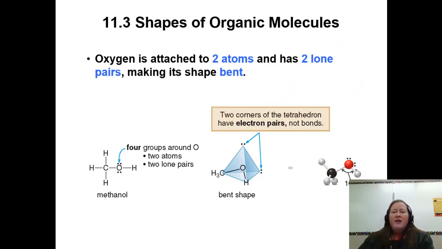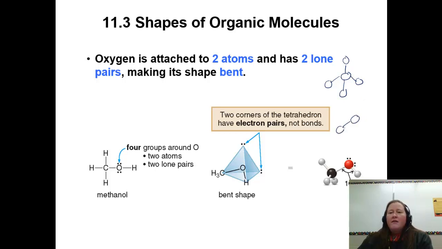Now, when we have 4 things attached and 2 of them are lone pairs, we have an angle of less than 109. If we look at water, again, if we had 4 atoms attached, the bond angle would be 109.5.